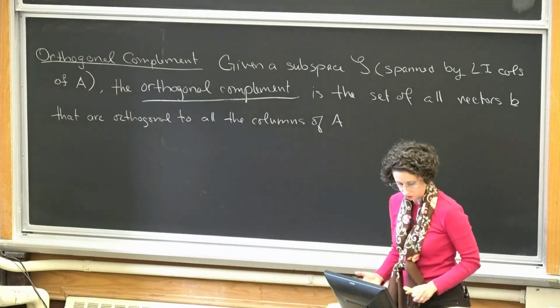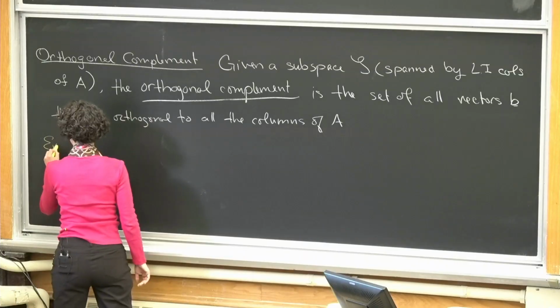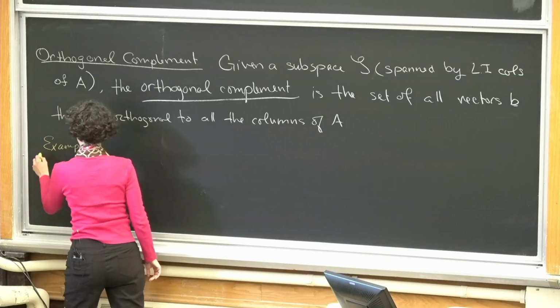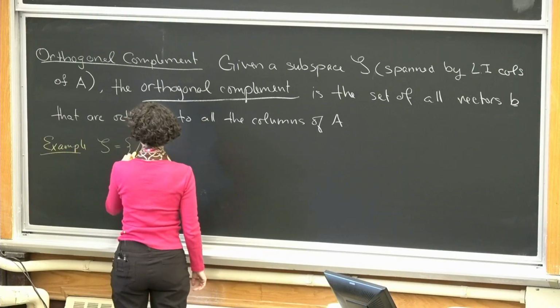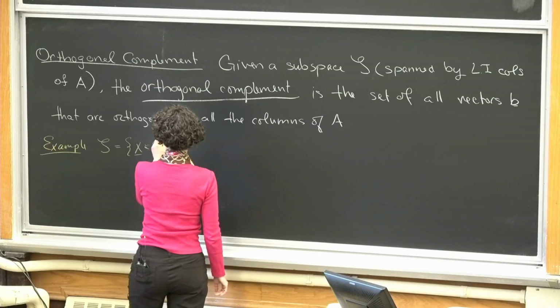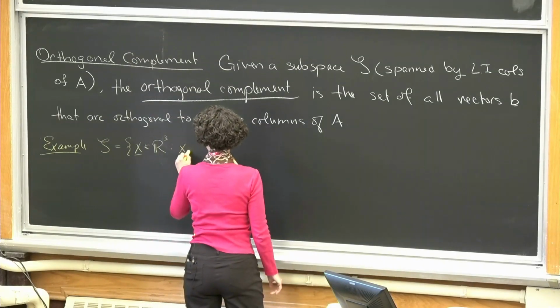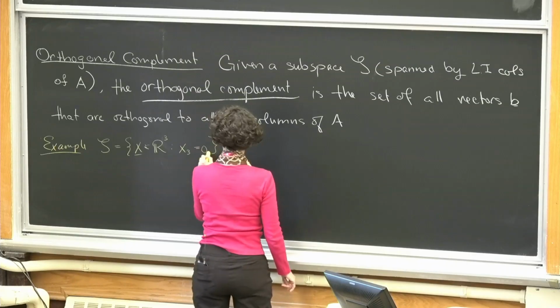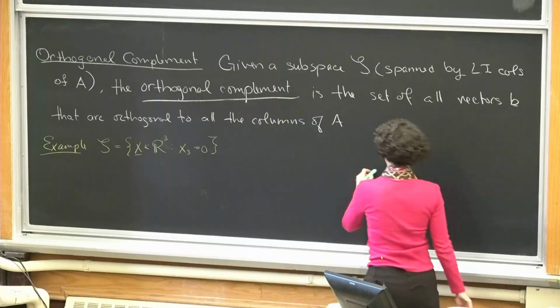where I think there's a very clear geometric interpretation that helps me personally a lot. So, for example, we could have a subspace S correspond to all points in 3-dimensional space where the third coordinate, x3, is equal to 0. And this is a subspace that we have seen before.